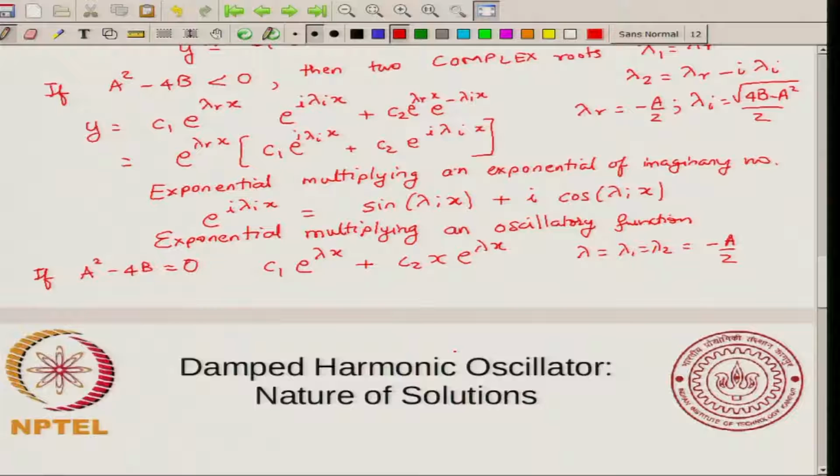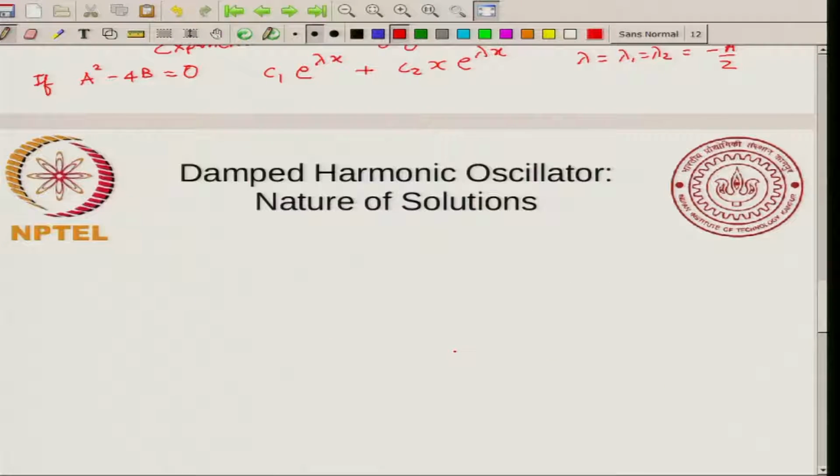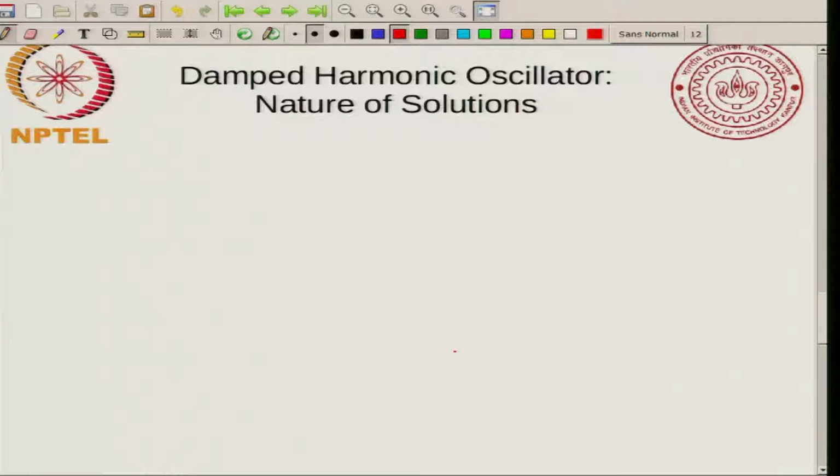Okay. Now these ideas that we said here are actually seen in a very practical situation, which is called the damped harmonic oscillator. So what is the damped harmonic oscillator? It satisfies a differential equation y double prime plus 2 eta y prime plus omega square y equal to 0.